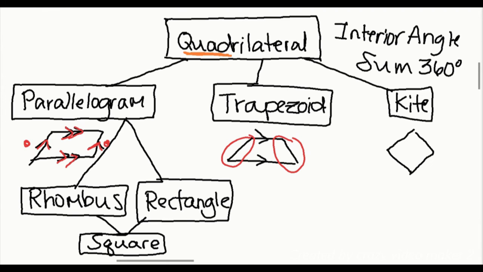Trapezoid only has one child. He named his son Isosceles trapezoid after himself. Isosceles trapezoid has a few extra properties. So trapezoid then had a child named Isosceles trapezoid. Isosceles should be a familiar word to you guys.